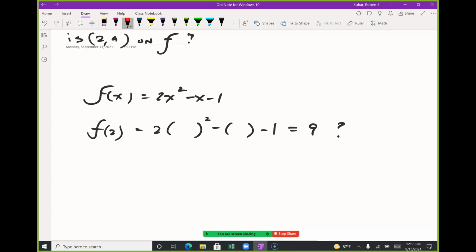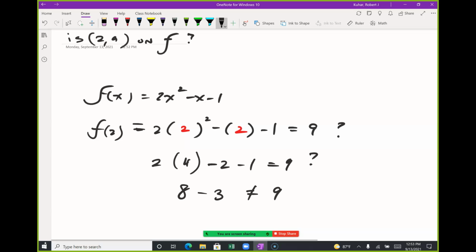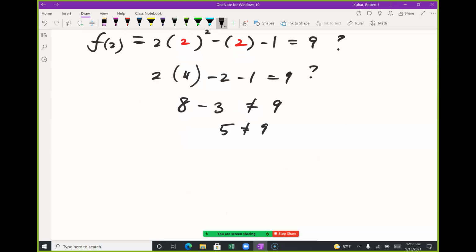I'm really trying to be as super careful as I can. Whenever I plug in, I'm trying to plug in with empty parens. So 2 times 4 minus 2 minus 1 equals 9, question mark. 8 minus 3 definitely does not equal 9. So 5 does not equal 9. That point is not on the curve.